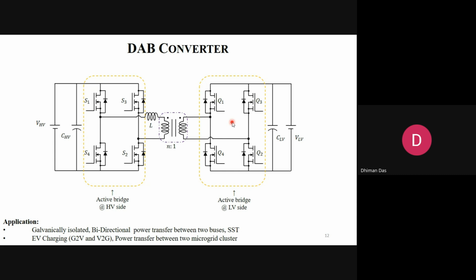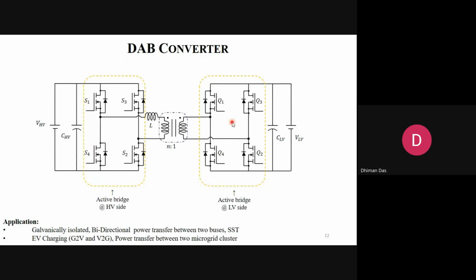So here, if you say primary, secondary, then it is confusing because both sides are excited together. So both sides you can say primary. That is why it is better to say high voltage side and low voltage side.